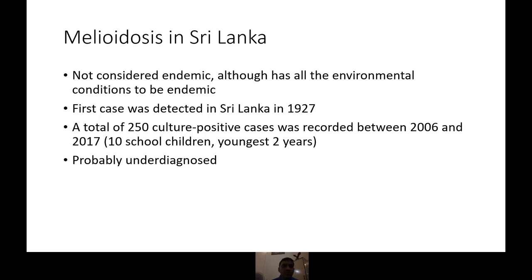Then between 2006 and 2017, they had found that there were about 250 culture positive cases. Remember, these are culture positive cases, so we might actually be missing certain cases also. And out of that 250, 10 had been school children, and the youngest had been 2 years. So it is there in children, although it is more commonly in adults. So as I said, it's probably undiagnosed.